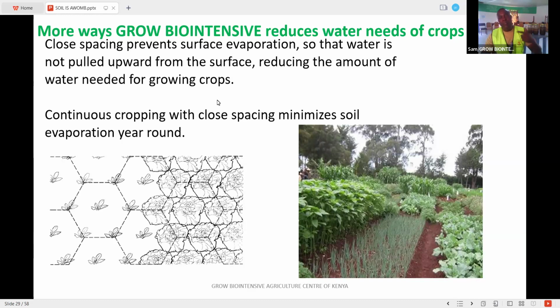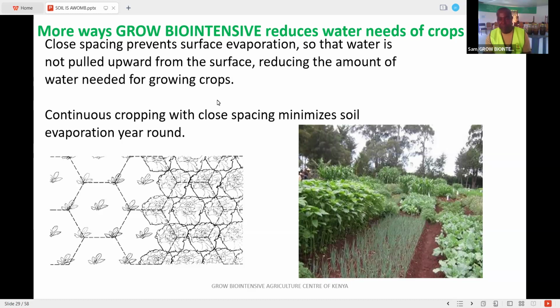So you can have continuous planting of crops. It doesn't matter the season. When you visit GBIACK, we have crops throughout the year, and our soils are never bare. They are never empty. They always have something growing.